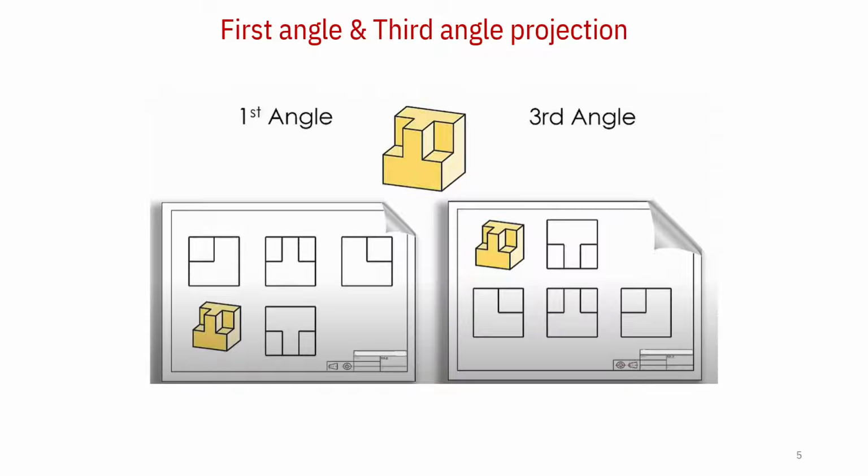Again, I am skipping this, because we are not going to follow the third angle method of projection. We will be only focusing on the first angle method of projection, in which, in this diagram, this is the direction for the front view. Okay, so the observer is looking at this object.